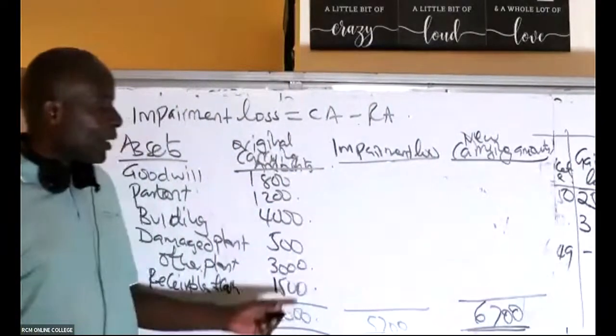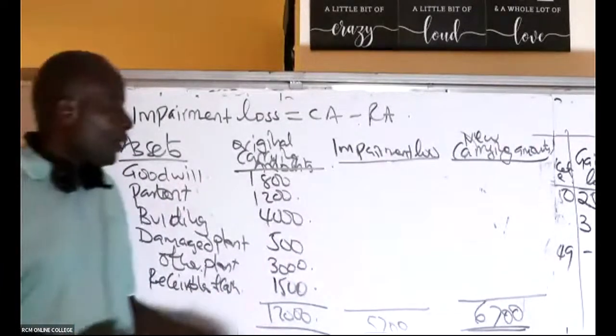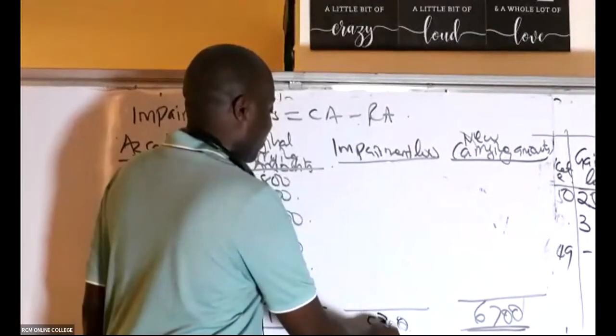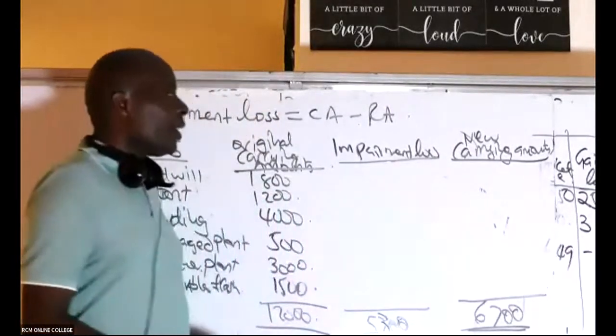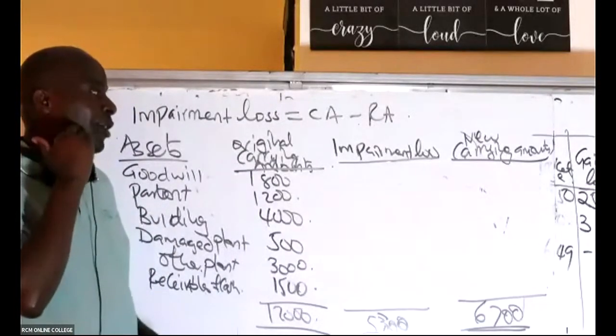No, I think I've mixed up things. Carrying amount ni ngapi? 5,300. Wamesema impairment loss is 5,300. So then, gentlemen, what we shall do, these guys have given us a few things.